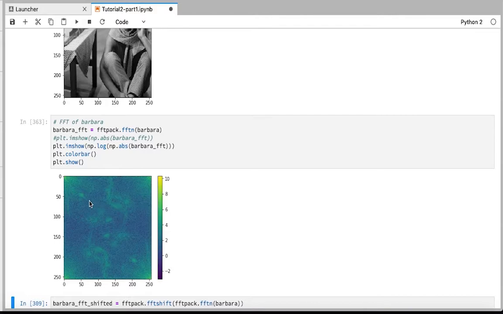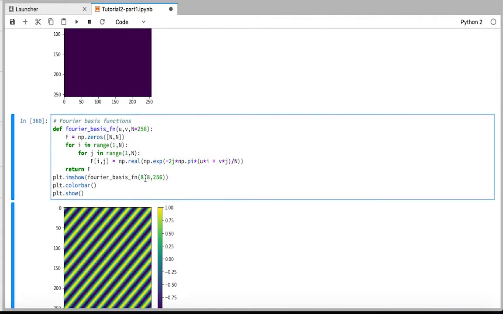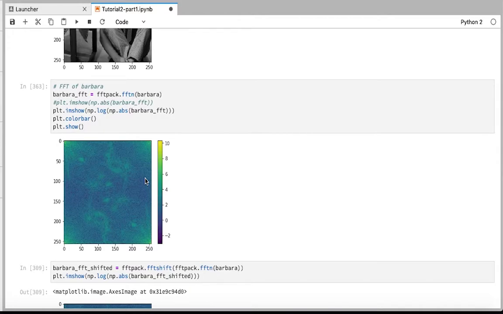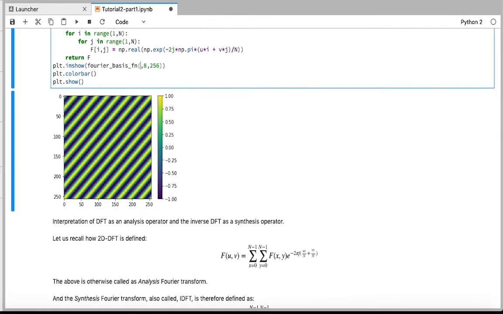According to this, if you remember, the first value in this image represents how much 0 comma 0 got excited.